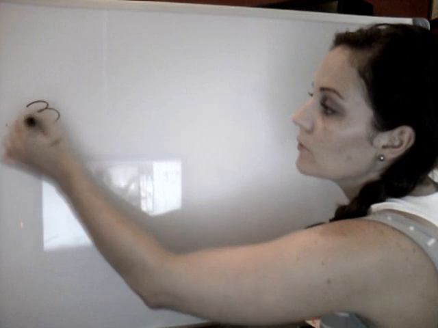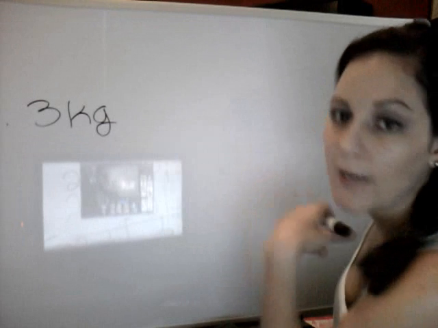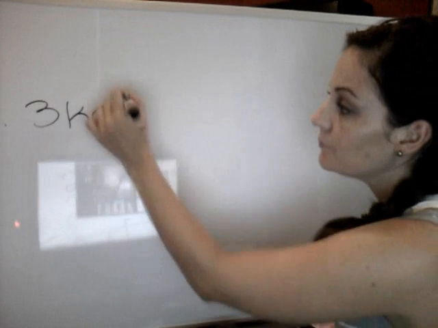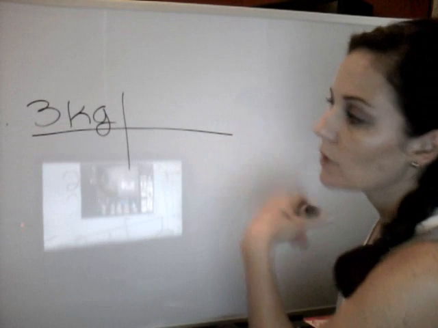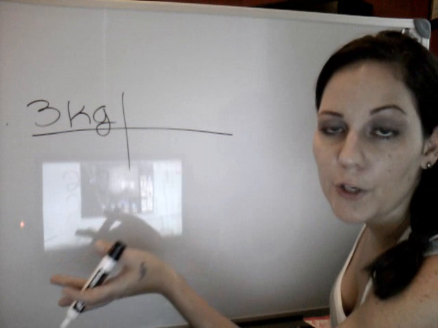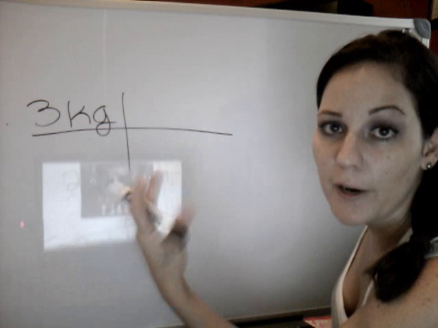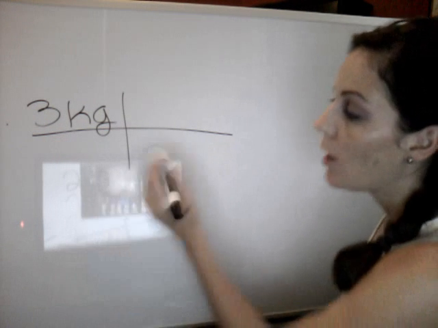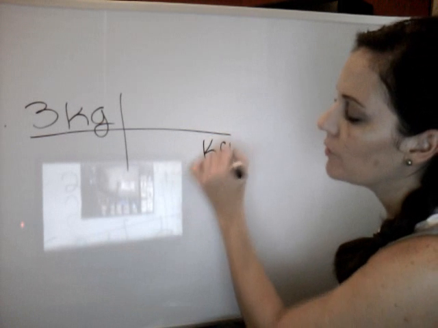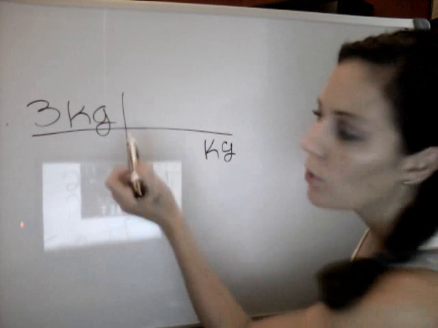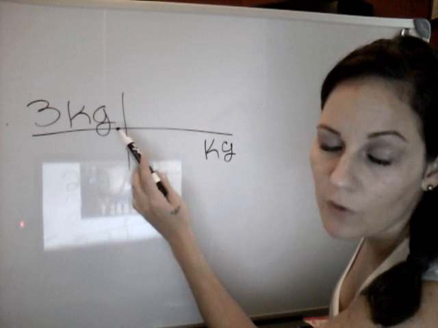Number 1, we have 3 kilograms. Now I'm going to do what I call a T-bar. And now you put in your conversion factor. How many grams do you have to a kilogram? First, you need to know where to put your units. Whatever you start with is going to be in this top left corner.